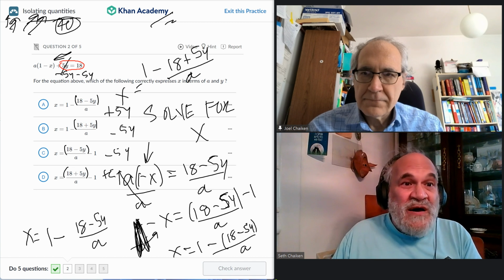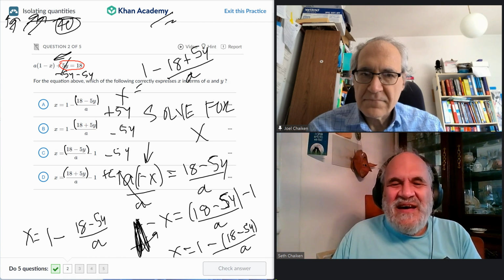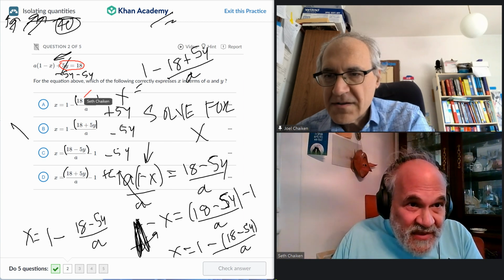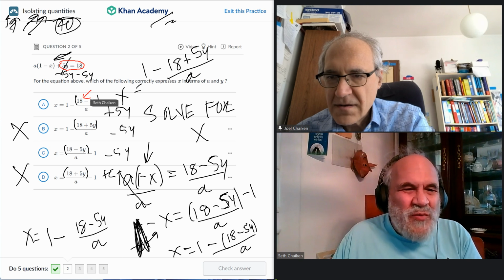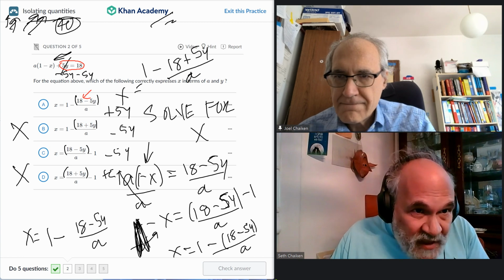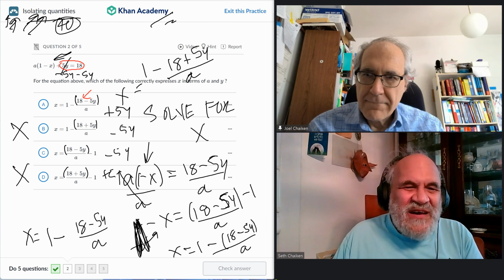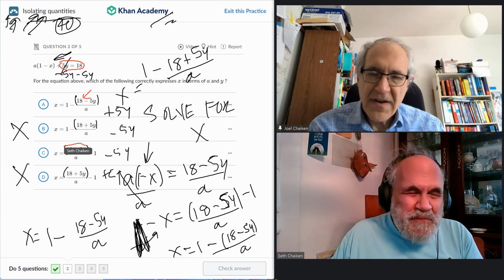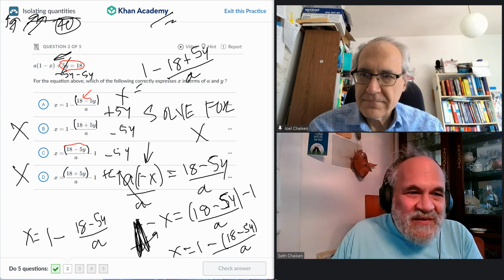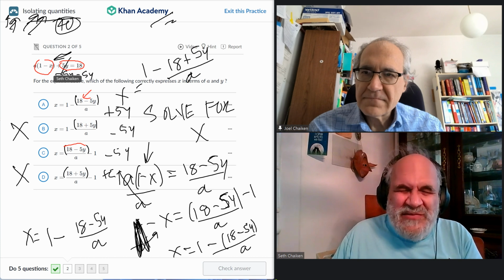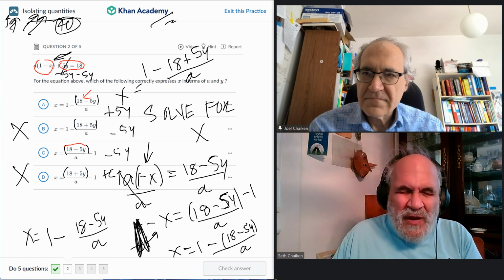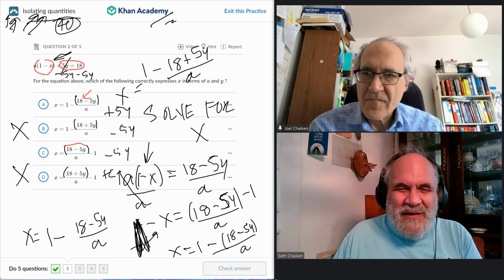So 5y and 18 are going to stay together in a subtraction. And therefore, that indicates that this is the only one in which 18 and 5y stay together in a subtraction, well, except, of course, for this one. Now, the 1 minus x, when I solve for x, I'm going to end up with x equals 1 plus or minus some other junk.